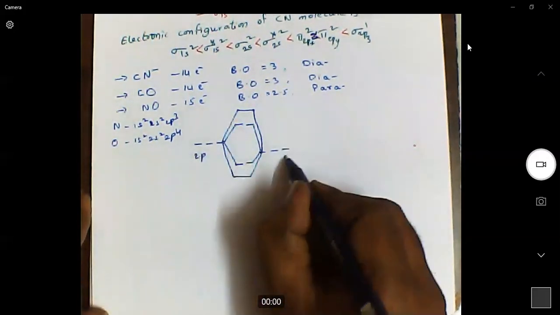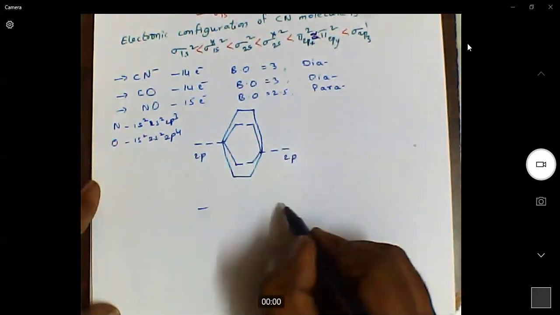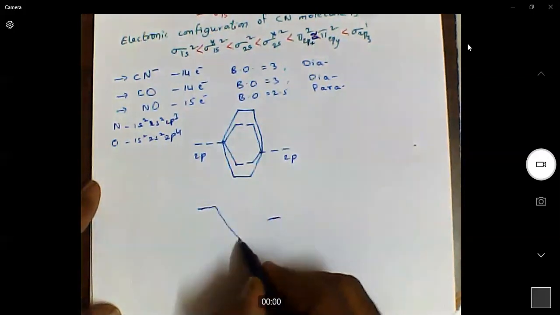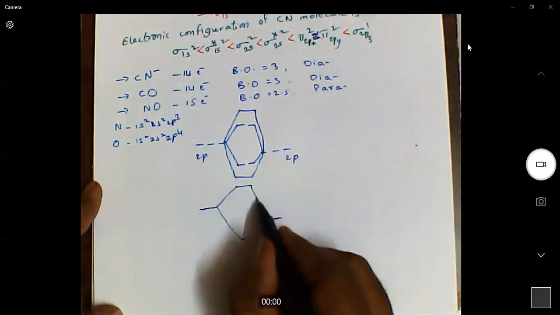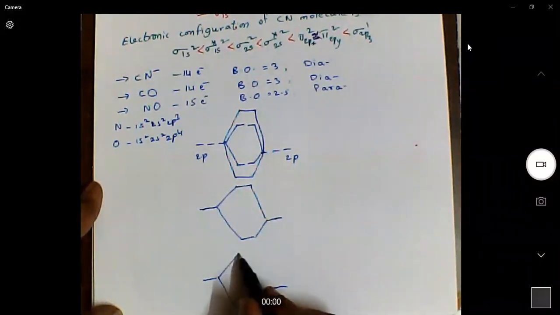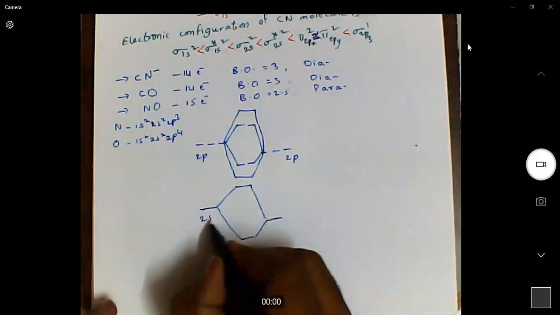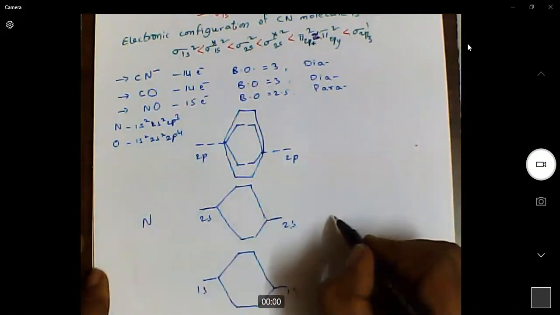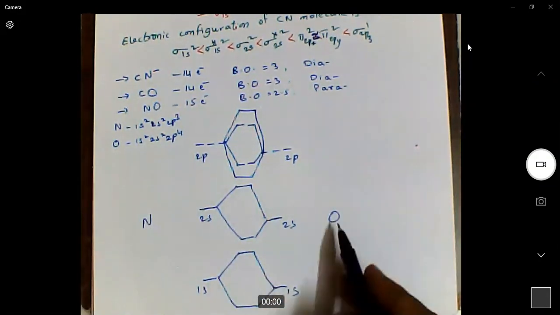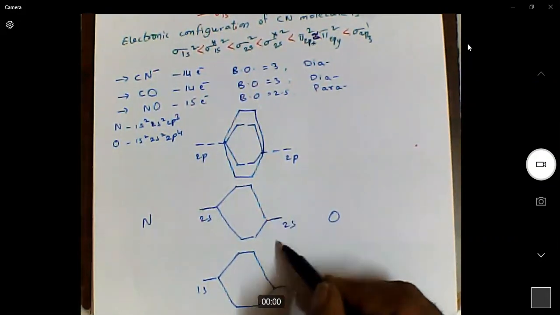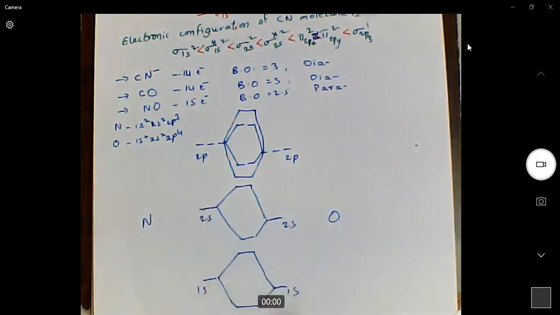This is 2p, 2p, 2s, 1s. This is for nitrogen, this is for oxygen. Because oxygen is more electronegative, we will place these orbitals a little bit lower in energy compared to nitrogen orbitals.